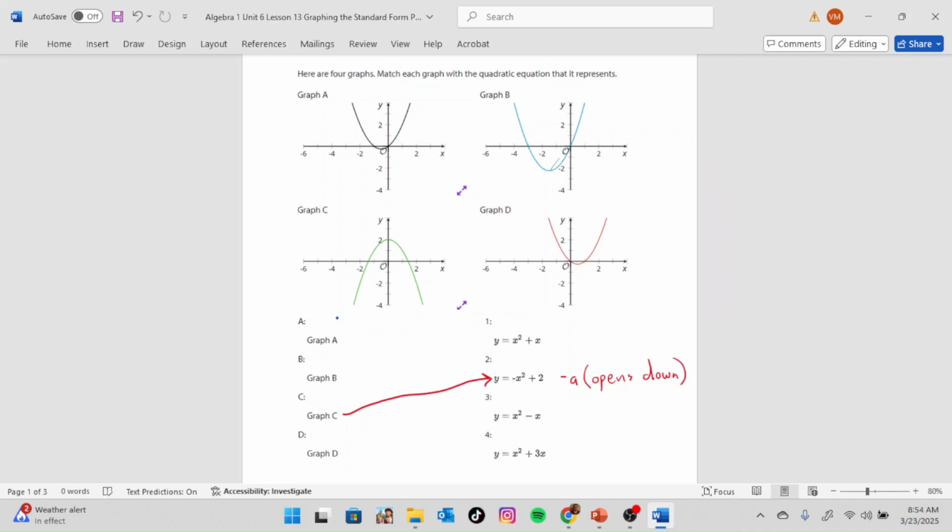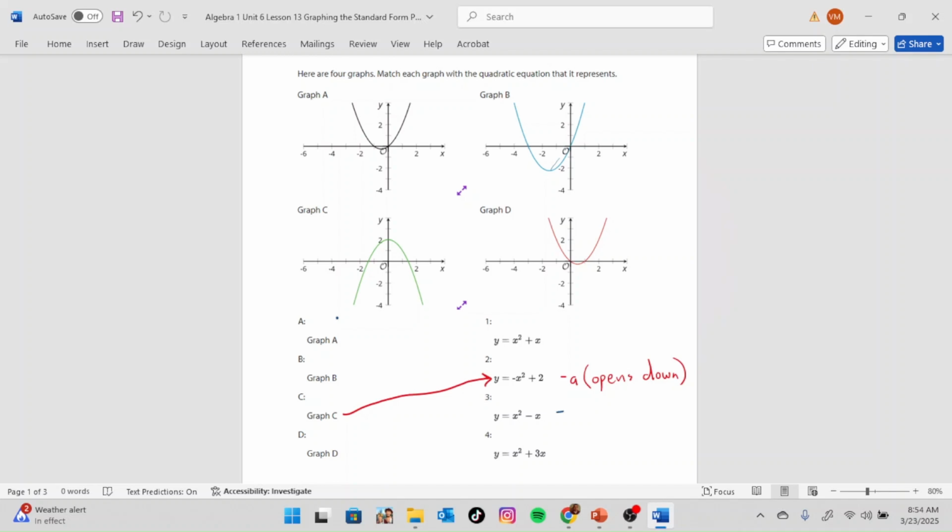So now let's look at our B terms. We have a positive 1b, we have a negative 1b, and we have a plus 3b. So we have 2 positives and 1 negative. Well, the one that is different is graph D. It shifts down and right.